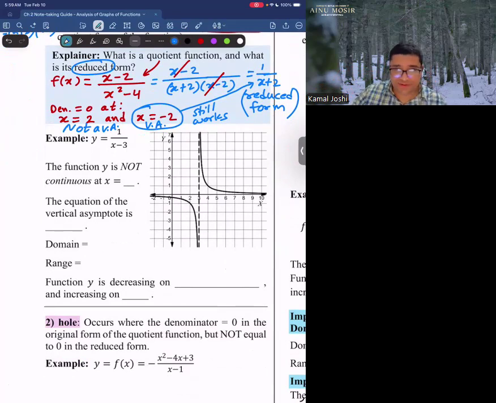That's already in simplest form. So that means your denominator is 0 at x equal to 3, right?